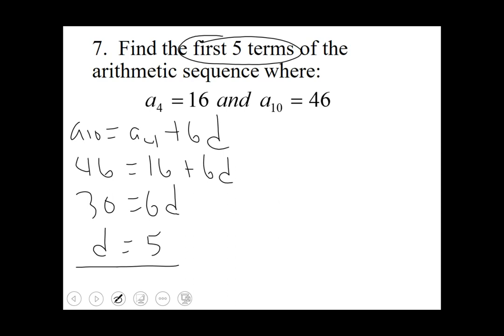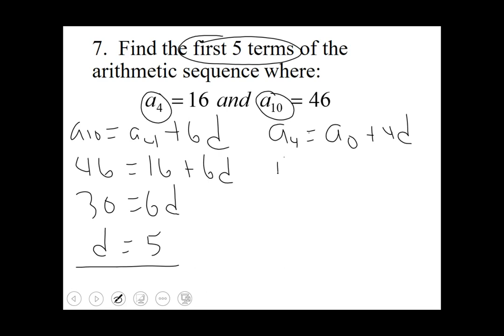Now I want to find the 0th term, or C, so I'm going to set up another equation. And again, you could either use A sub 10 or A sub 4. I always tend to use the smaller value, but it would not matter. So A sub 4 is equal to the 0th term plus exactly 4Ds. There are 4 terms between the 0th and the 4th.